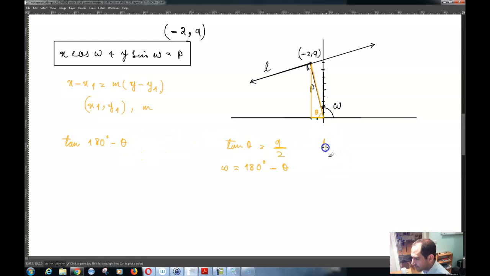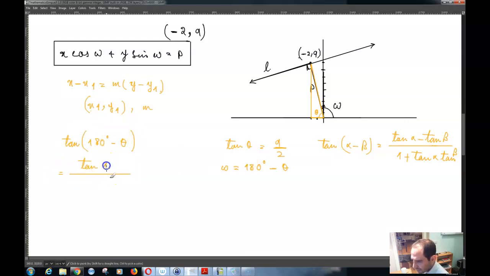You know that tan of alpha minus beta is equal to tan alpha minus tan beta over 1 plus tan alpha tan beta. Of course there are other ways to solve this problem, probably easier, but let's try this one. So you can use the same formula here.